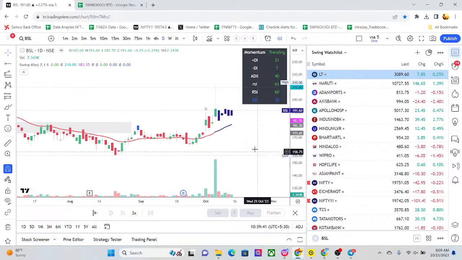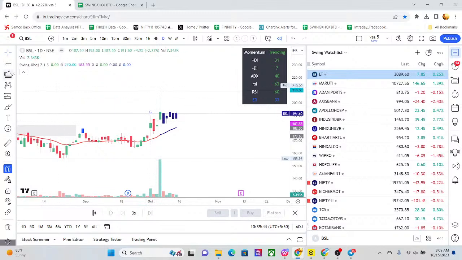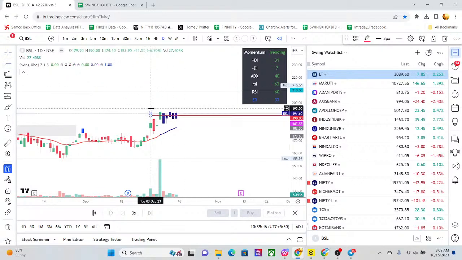Okay. So this is the G bar. They mark the high. It's 190. So 191 we will buy. So this is the lowest low after the G bar, right?